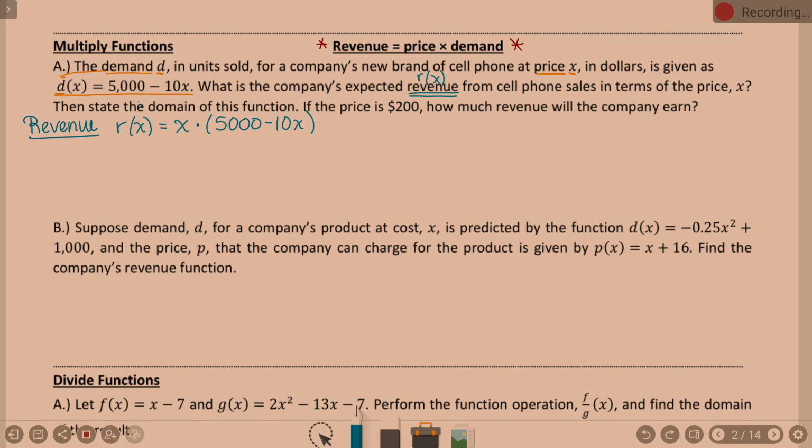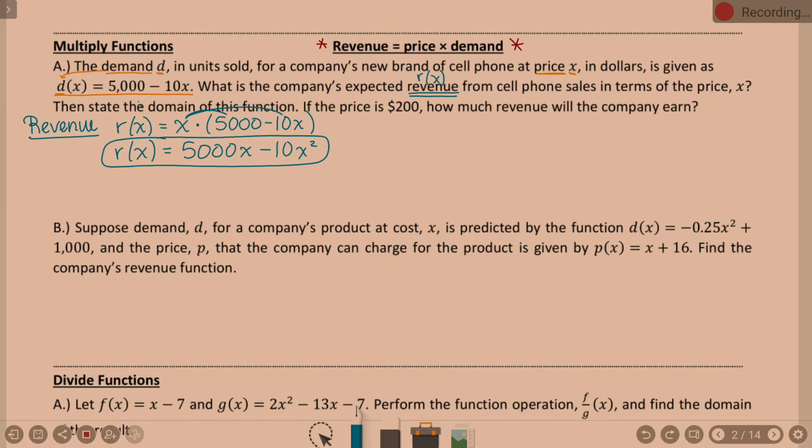Would they let you put your answer in like this? Maybe. But I'm going to go ahead and distribute. X times 5,000 is 5,000X, minus X times 10 is 10X squared. There's your first answer.